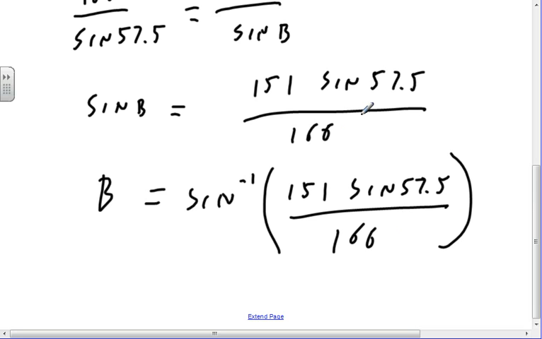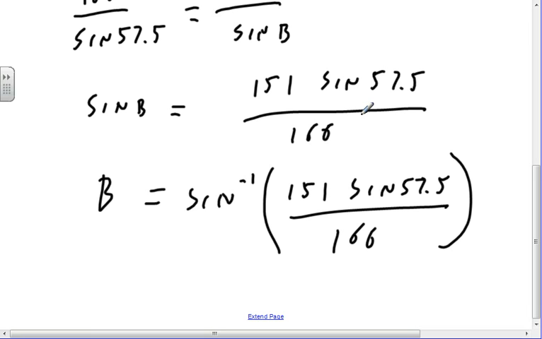So now it's time to turn on my calculator, which won't turn on because I probably don't have enough power. All right, so arc sine of 151 times the sine of 57.5 divided by 166 close parentheses equals.